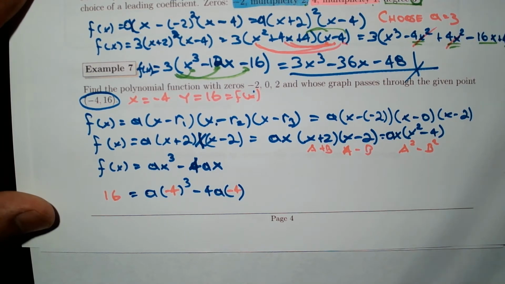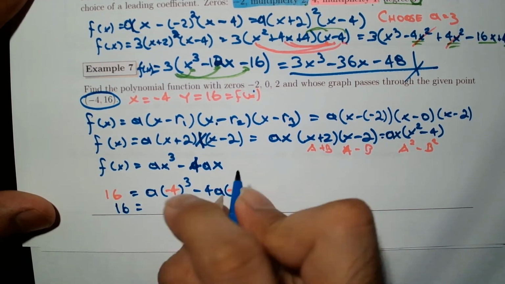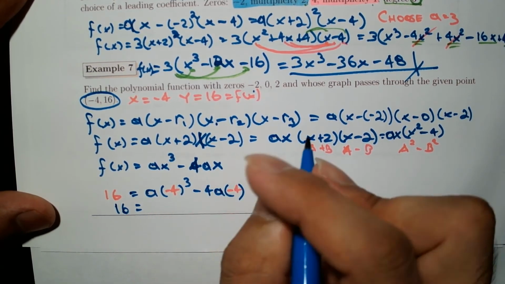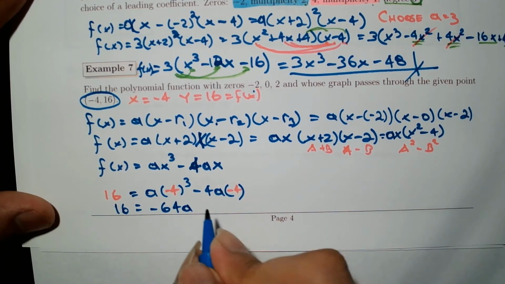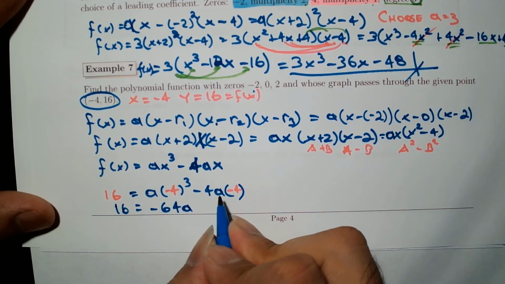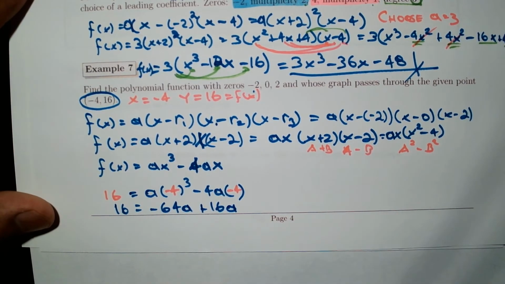So -4 squared, that's going to give us 16 times 4, that's -64a. And then negative times a negative is positive, 4 times 4, 16, 16a.